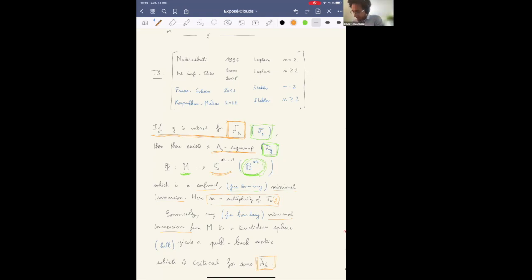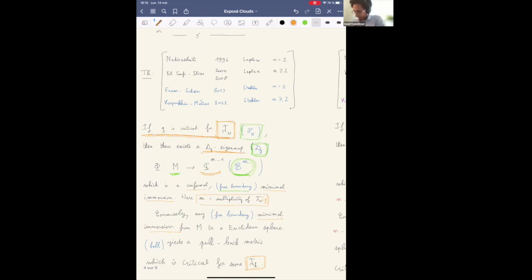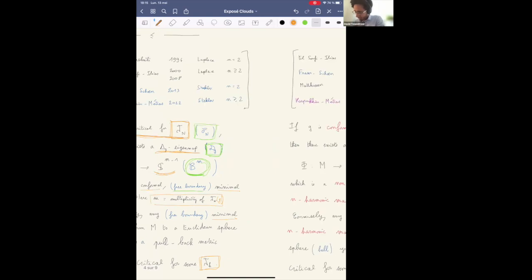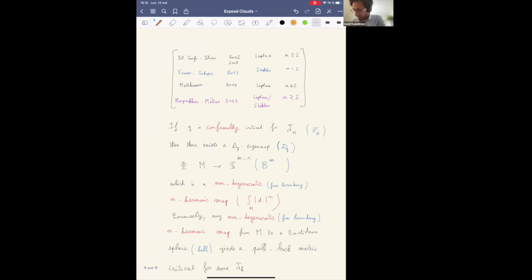And now there's also a version of these results in the case where we restrict our functional to a conformal class, the conformal class of g.